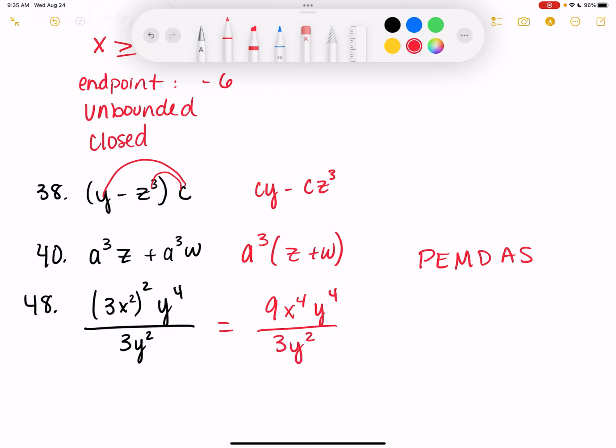Now what? We can divide by 3, so 9 becomes a 3. Divide the y's: take 2 away from the top, that becomes y squared. So I'm left with 3x to the 4th y squared.